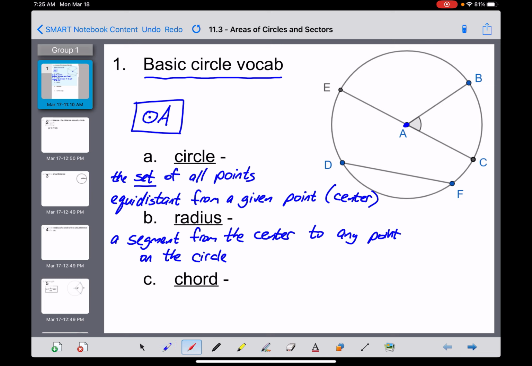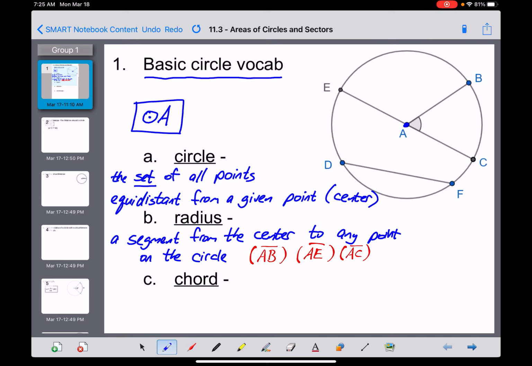In this diagram, if I were to ask you guys to name a radius for me, a segment that goes from the center to a point on the circle, pretty much everybody is going to tell me that line segment AB is the radius. And that is true. There actually are two more as well, though. Line segment AE is a radius, and so is line segment AC. So there are actually three radii drawn within this circle.